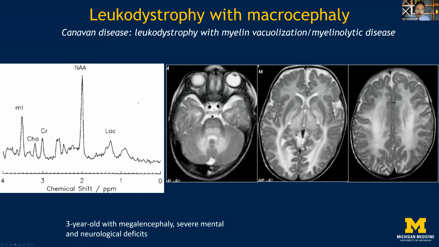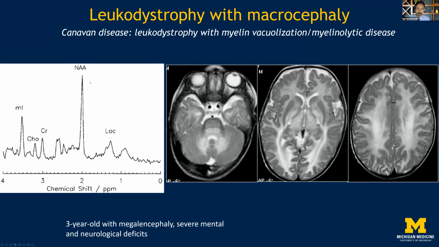This is the time when we want to do MR spectroscopy, and it is one of the few examples where MR spectroscopy is truly helpful. Most of the time, MR spectroscopy will have non-specific features, some indicating injury to the white matter. But in Canavan disease, the pattern is very classic.